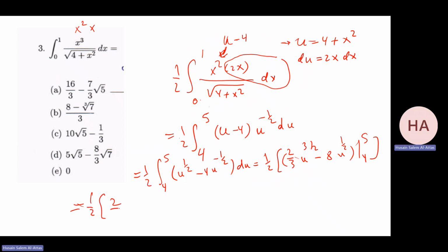Don't rush it. 2 over 3 square root of 5 cubed, that will be 5 square root of 5, minus 8 square root of 5. Okay, this is 1. The next one is what? Minus square root of 4, which is 2, times 8. That will be 16 over 3. Don't forget half is outside. Okay, 16 over 3. And I have 4. That will be minus 16.